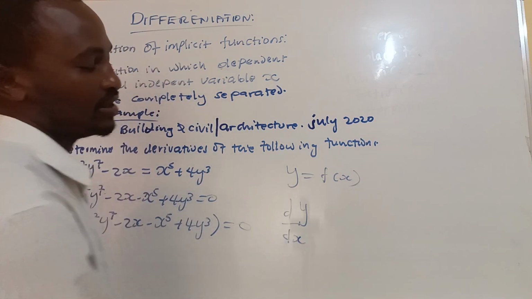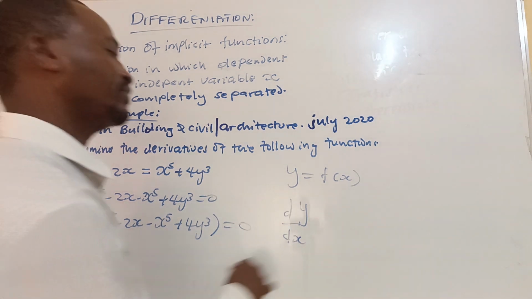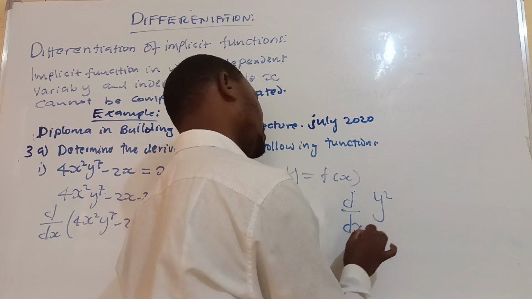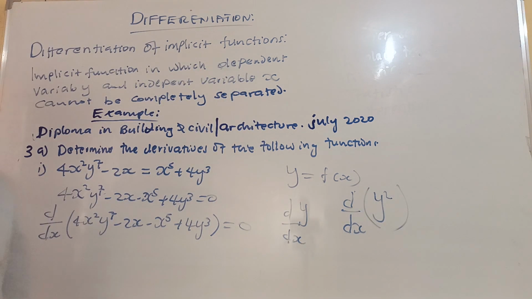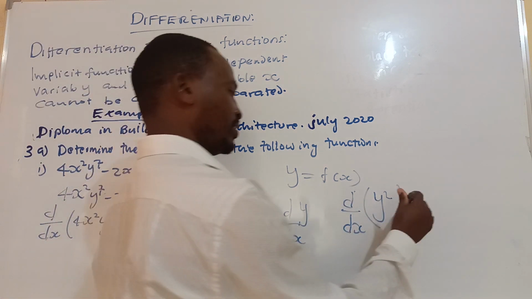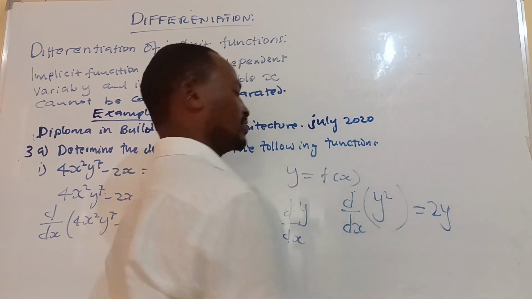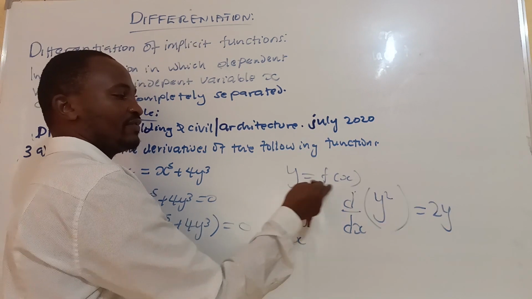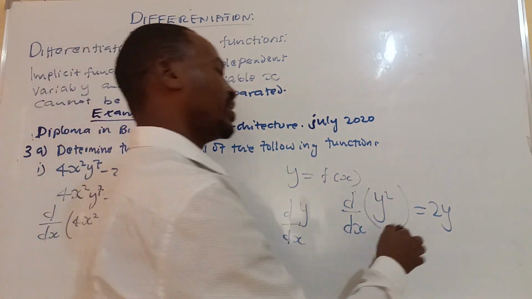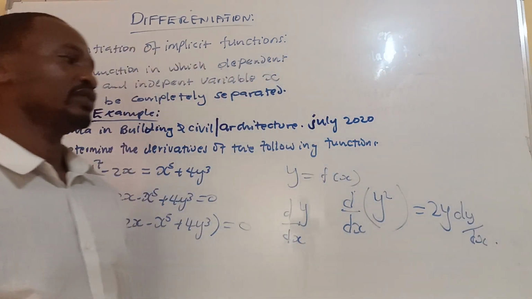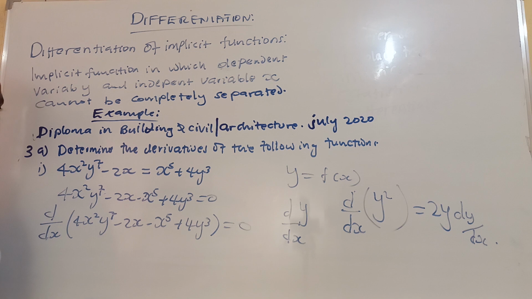You simply get dy/dx. What if you had y squared and you are told to differentiate this with respect to x? You will differentiate the normal way to get 2y, but because y is a function of x, you're going to add a dy/dx. So it is 2y dy/dx.